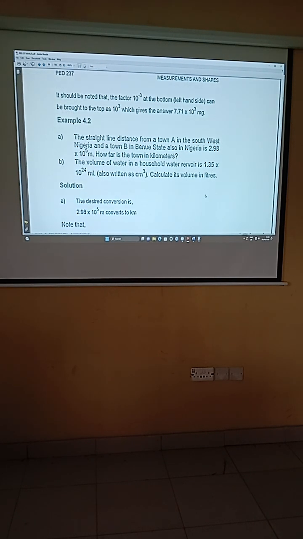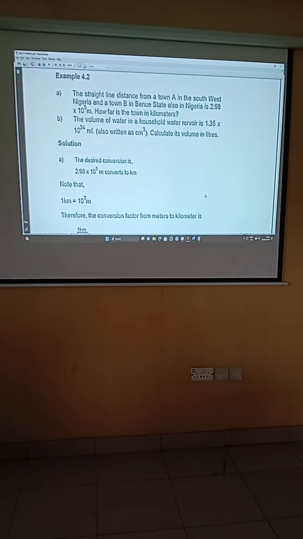So let's consider example 4.2. The straight line distance from a town A in southwest Nigeria to town B in Benue State, also in Nigeria, is 2.98 by 10 to the power 5 meters. How far is the town in kilometers? This one is simple.